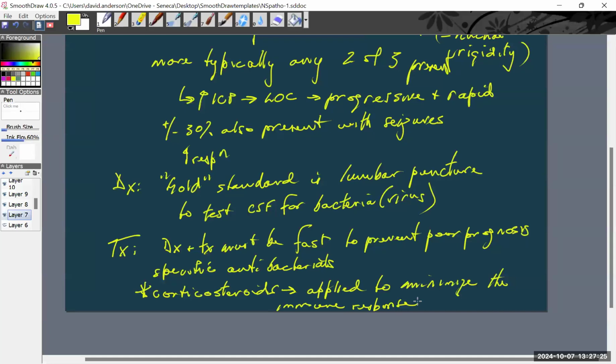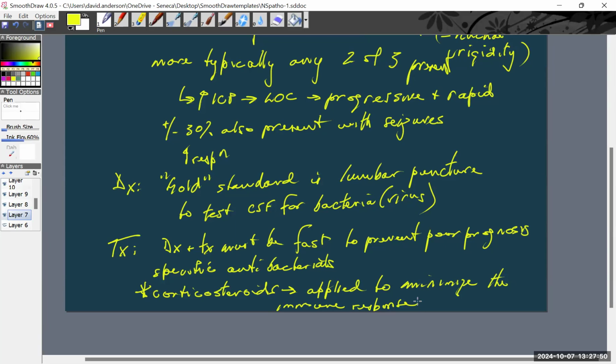In other words, the inflammatory response creates the increased intracranial pressure more so than the bacterial population would. So the corticosteroids are applied to minimize the immune response in order to minimize inflammation, or at least modify the immune response to minimize that inflammation as best as possible.